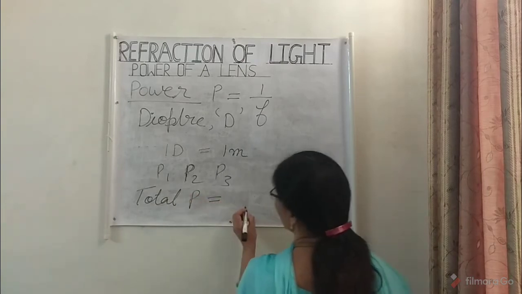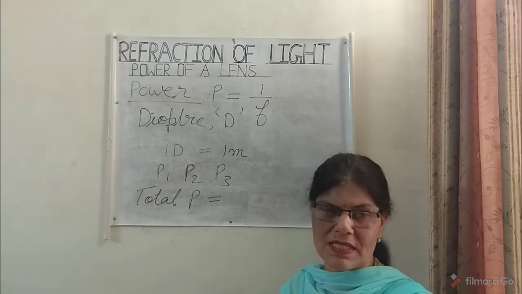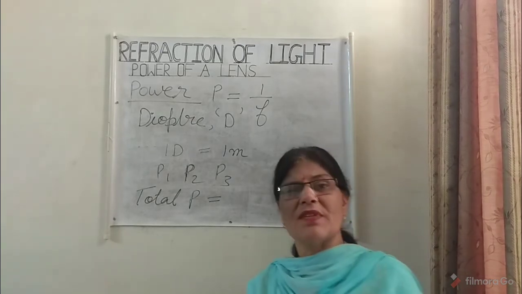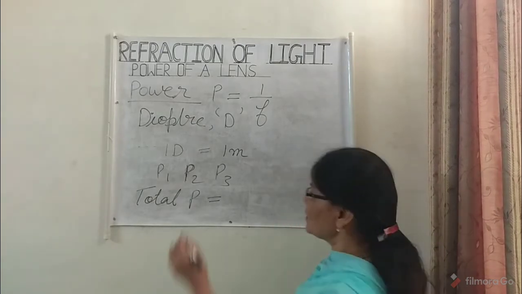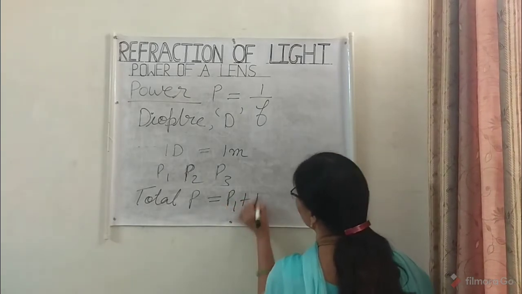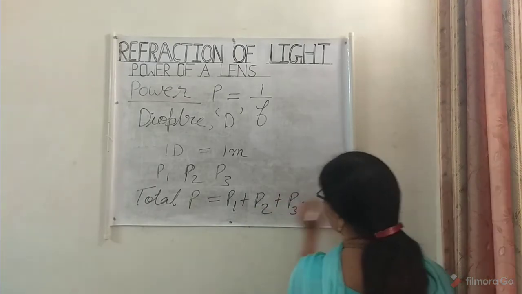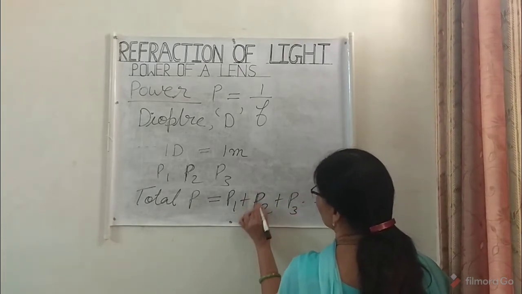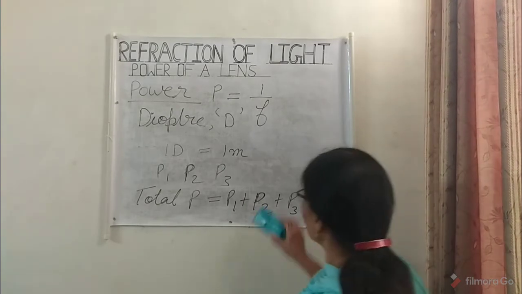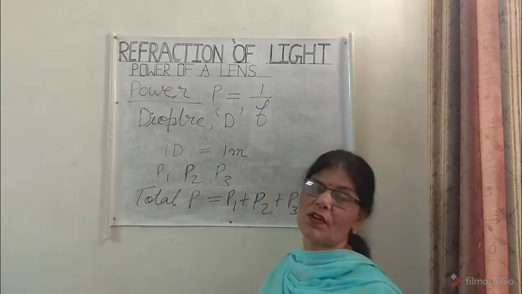So in that case, the total power will be considered as the algebraic sum of the individual powers of the individual lenses. This may come in a numerical also, to find the total power of a lens.